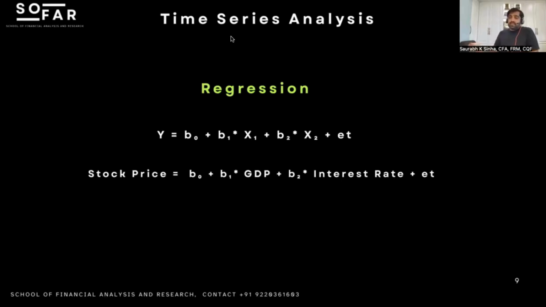Okay. In regression, what do we say? In regression, we say that Y is what variable? Y is what variable? Dependent variable. And what is X? And X are independent variables.